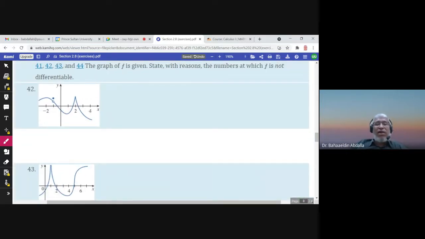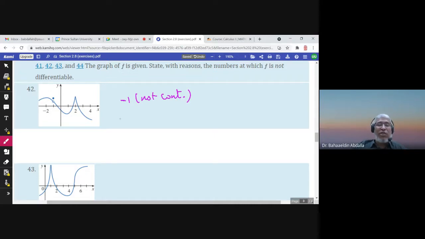Well, this is a graph of a function. State with reasons the numbers at which f is not differentiable. Okay, at negative 1, it is not differentiable because it's not continuous. You see it's not continuous because the limit exists, but it is not equal to f of negative 1.